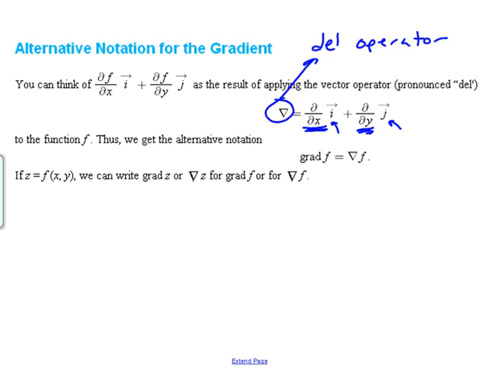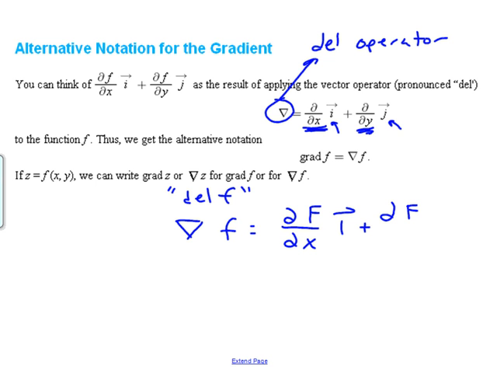So if we say del f, it means we're going to take the partial derivative of f with respect to x, i, plus the partial derivative of f with respect to y, j.